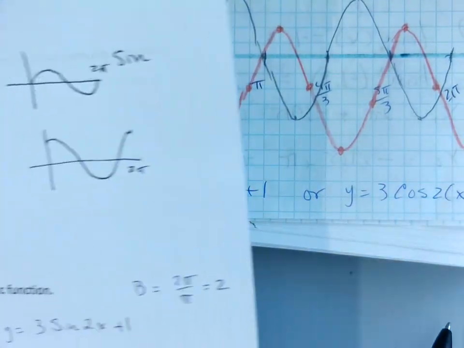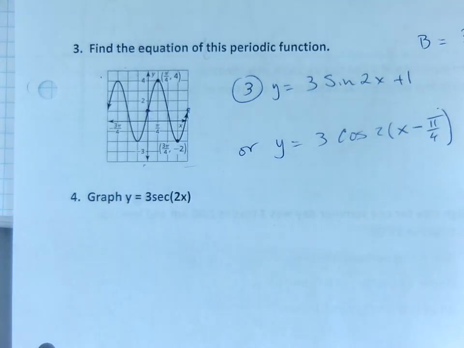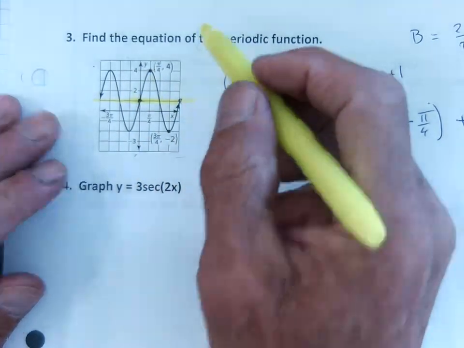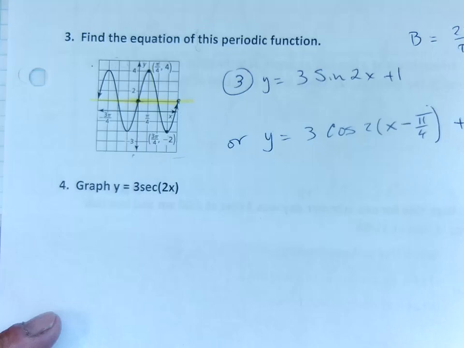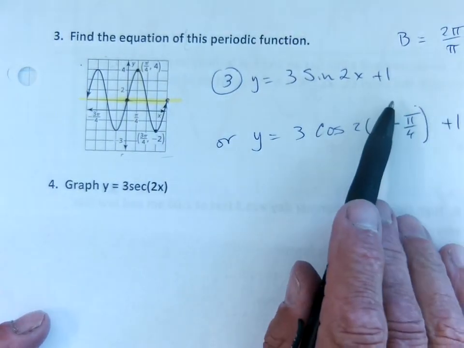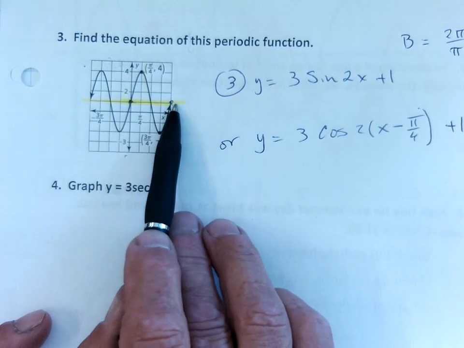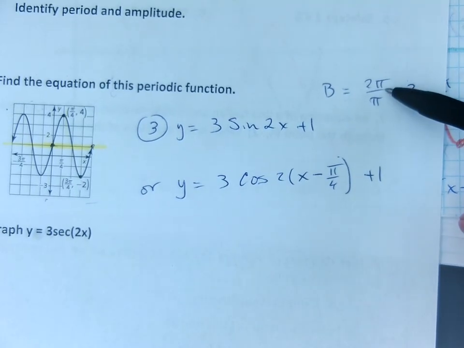Number 3, when I look at number 3, if I can find the middle of this curve, I saw a sine curve, because I know the sine looks like this. So I start with the sine curve. I see the amplitude is up 1, 2, 3, down 3, okay. And then it looks like the width of one curve is going to be pi, so to find frequency, you take 2 pi divided by the width.